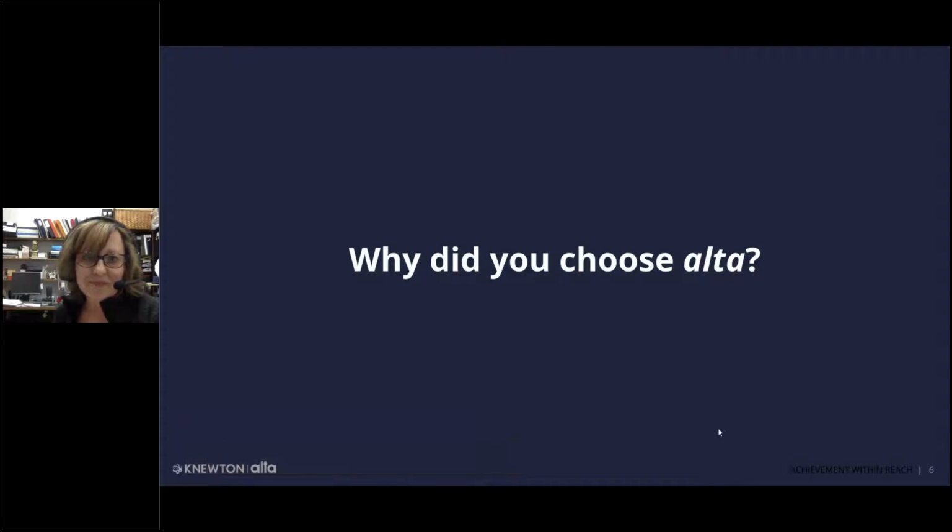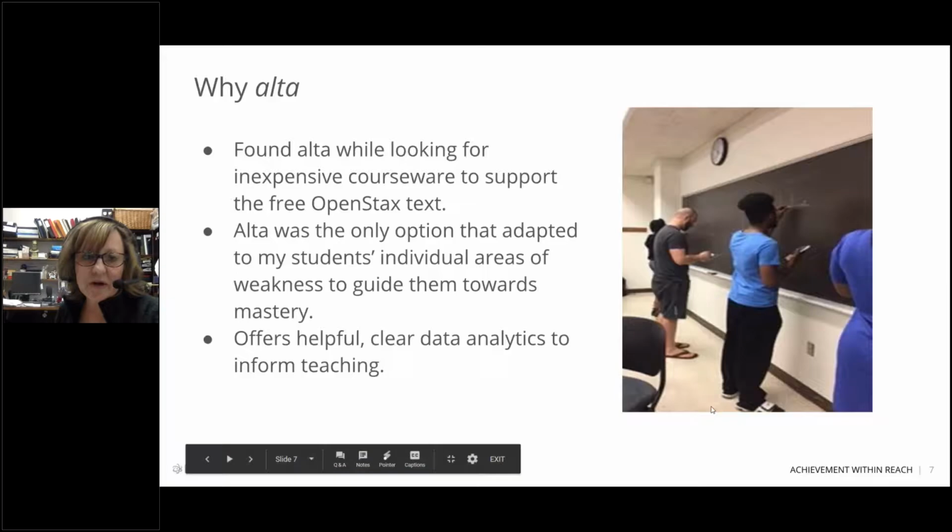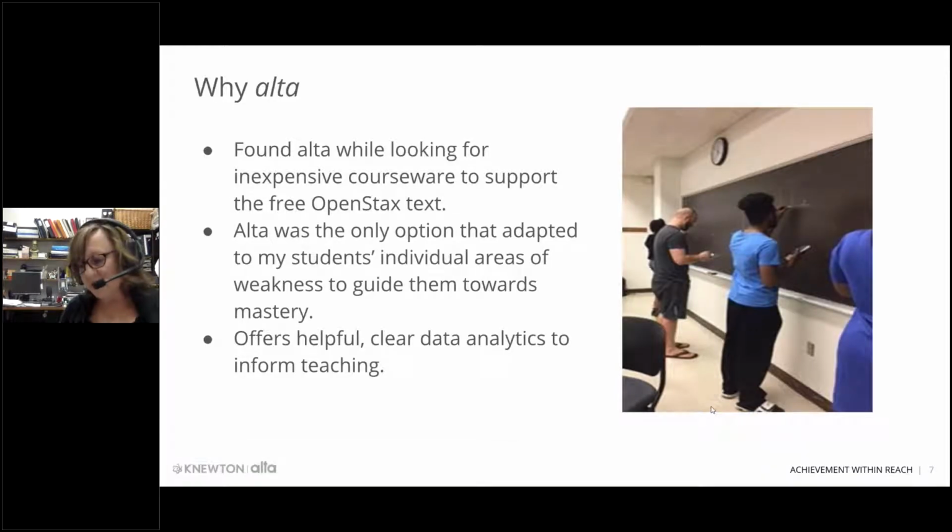So let's ask the question. Why did you choose Alta, Sharon? Sure. As I said, I've been teaching with OpenStax text since 2015. I made the decision to go with open educational resources, specifically OpenStax, because our students really struggle with finances.